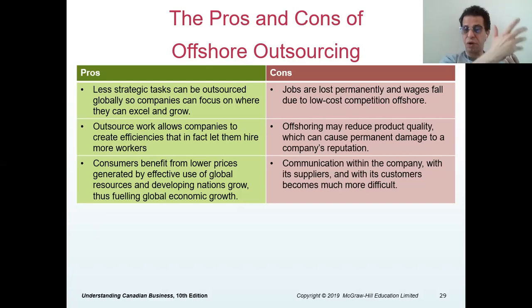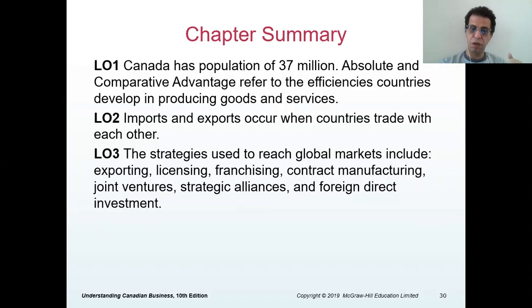You notice some products are probably of less quality now because they're produced overseas, which can cause permanent damage to a company's reputation. Communication with suppliers and customers becomes a little more difficult because of multiculturalism and different ethnic backgrounds.